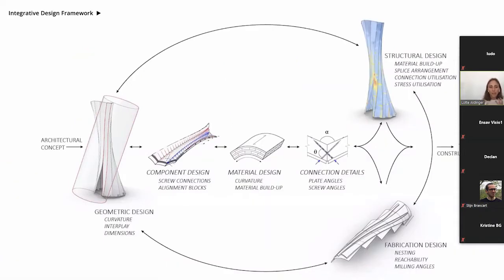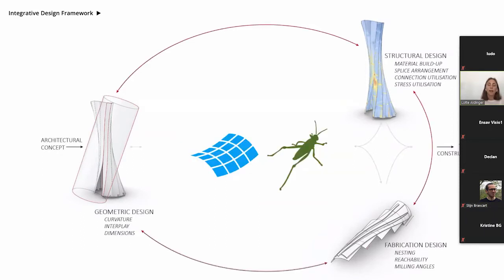But in order to analyze this structure, we really had to take into account in an integrative design process not only the structural design, but also the fabrication and the geometric design, because all has its reciprocal dependencies, from a global down to a detailing level. And we did this with manifold iterations within the Grasshopper environment and an interface to Sofistik.